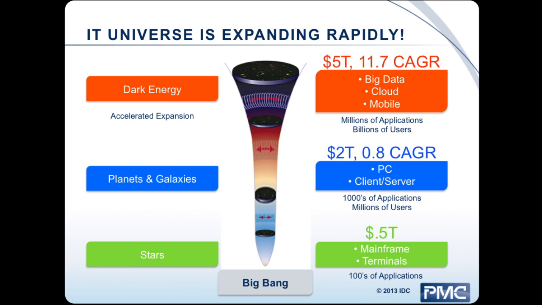And what we see along the path is the universe of available market goes up at least 2 to 3 times over platform generation.